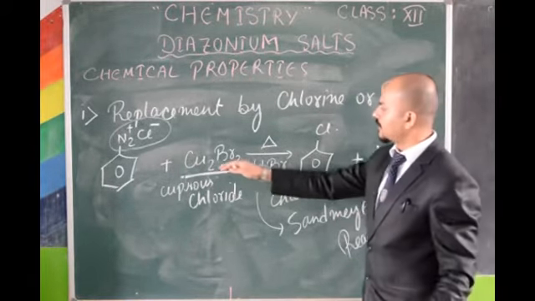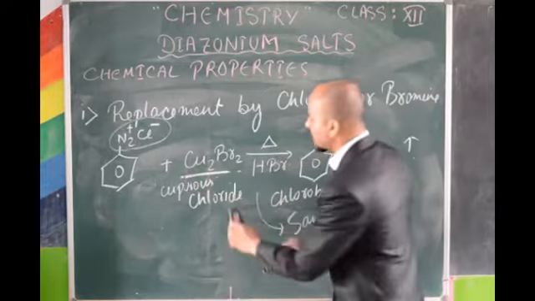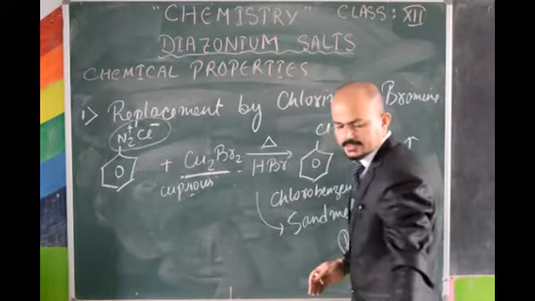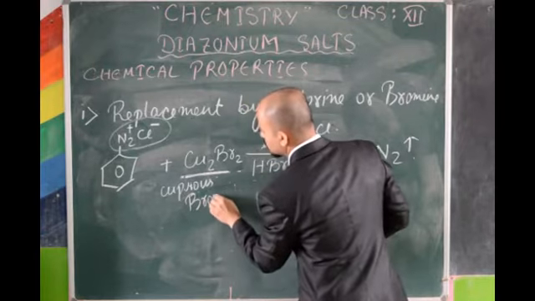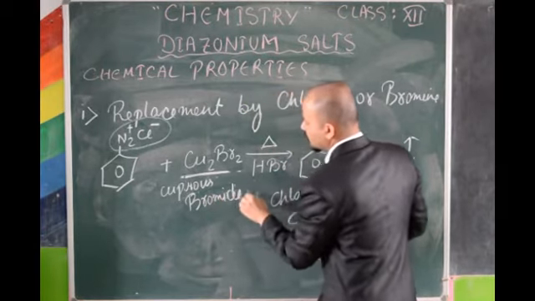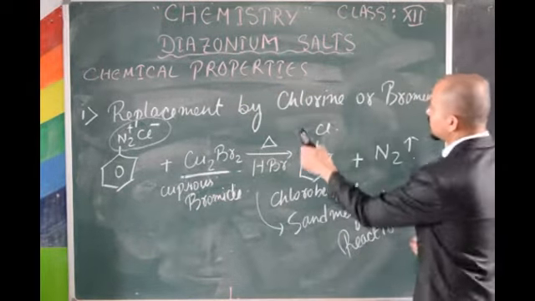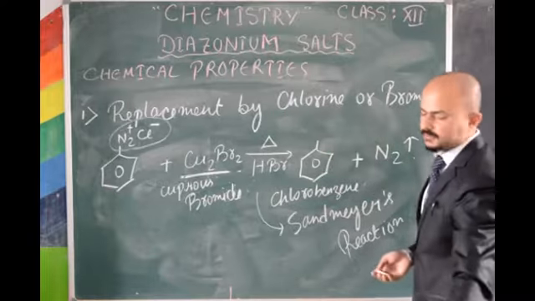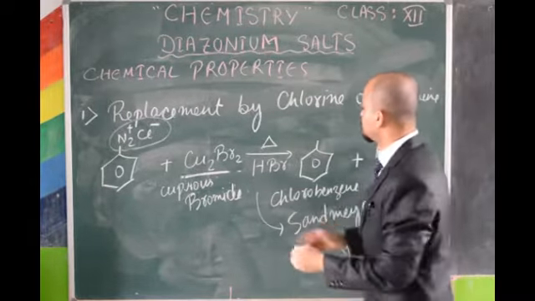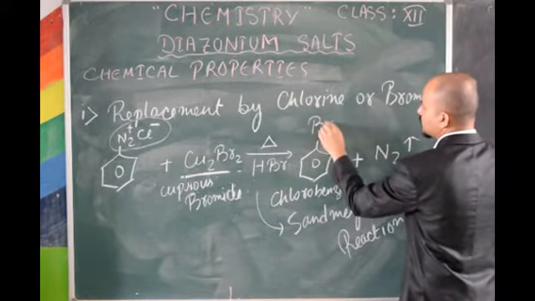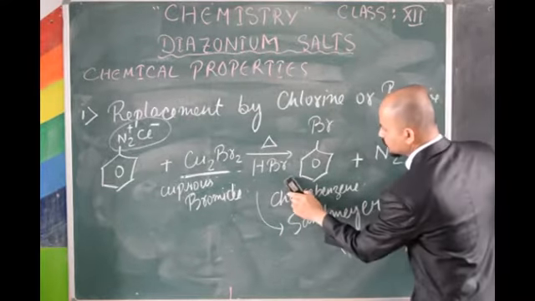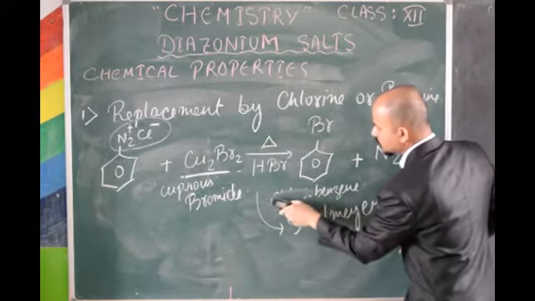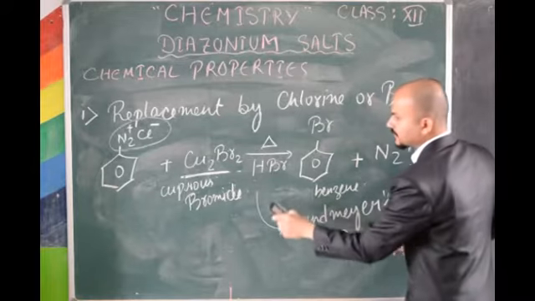Since here we have used cuprous bromide, this is not chloride, this is bromide. This Cl will be replaced by Br, and as a result, instead of chloro, we get bromobenzene.